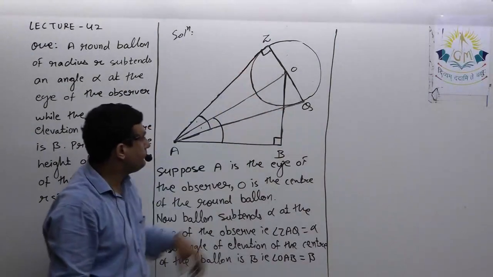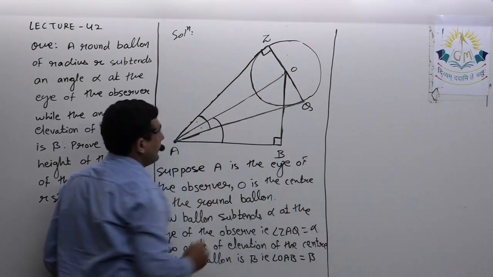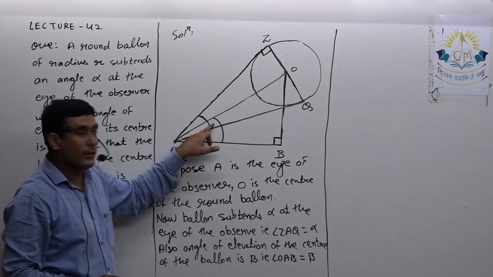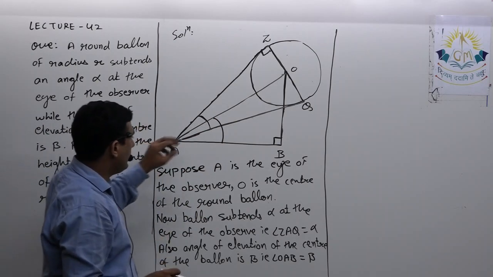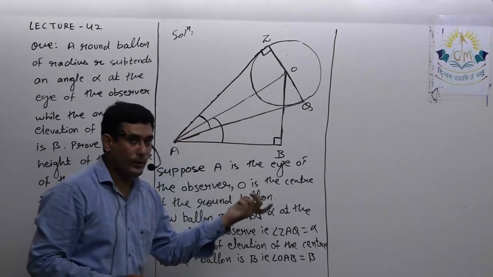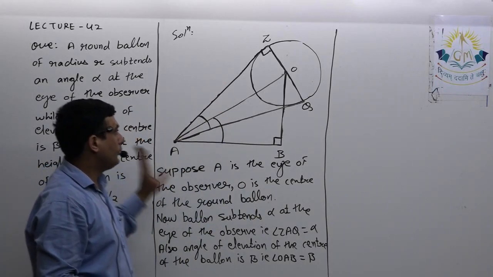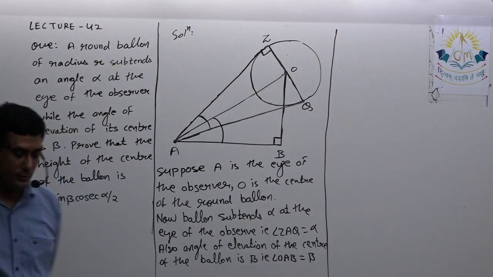And third thing I can say radii of the same circle. So these two triangles will be congruent. So by CPCT I will say these two angles are equal, so each will be alpha by 2. So no need to give that much description of how you obtain alpha by 2, but definitely here we get alpha by 2. Now we can proceed. So try by your own, then I will give the remaining solution.